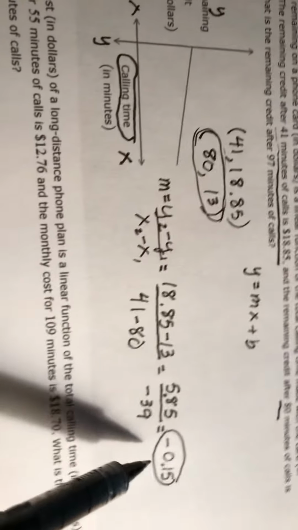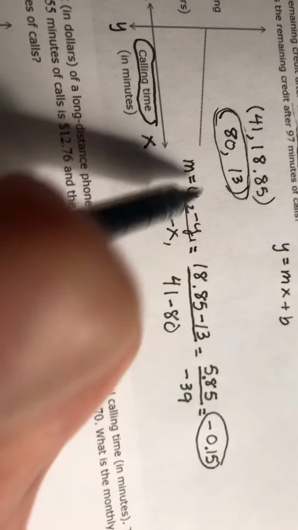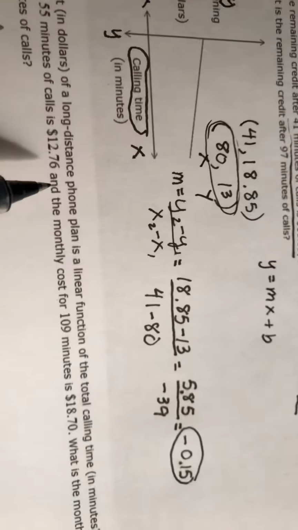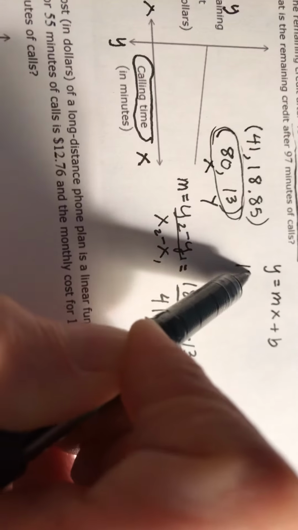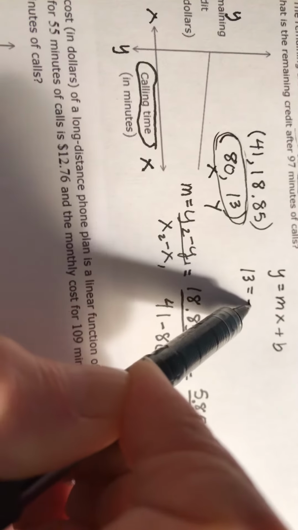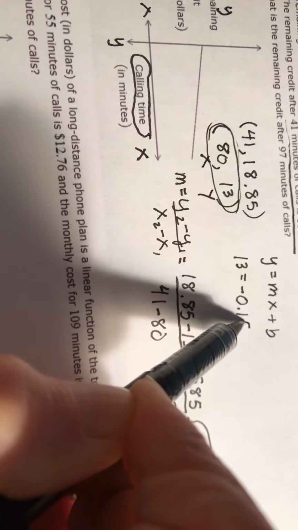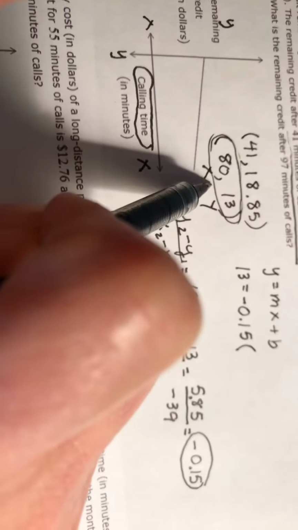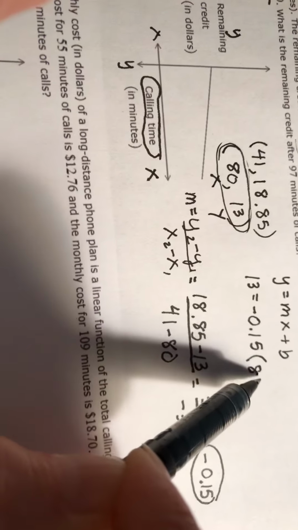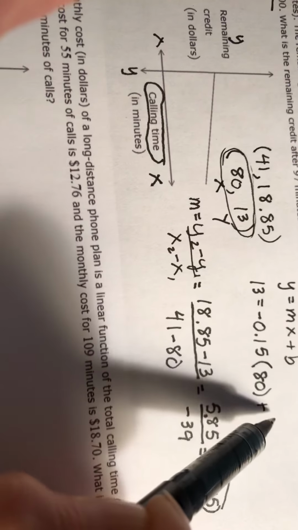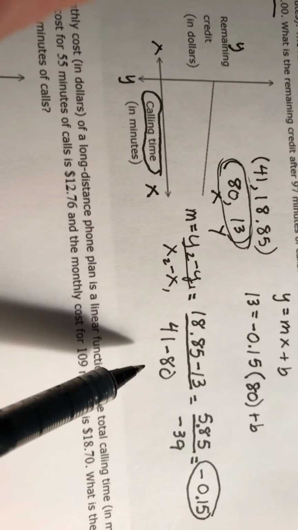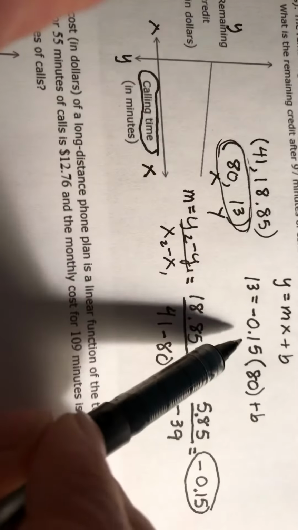We're going to plug in this value for m, this value for x, this value for y. So 13 equals negative 0.15 times the x value, which is 80, plus b. Next I'm going to multiply these two.